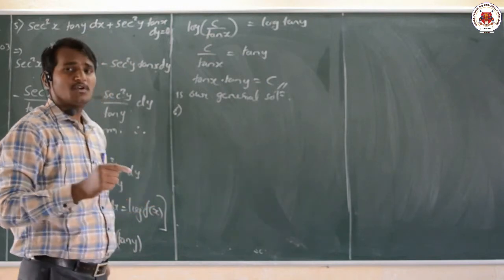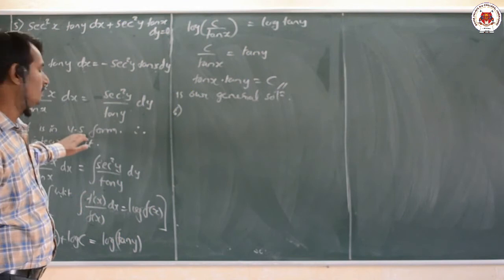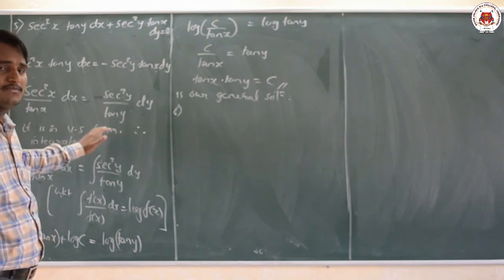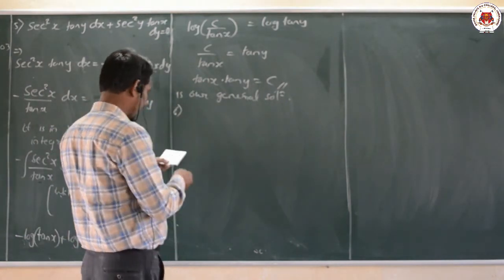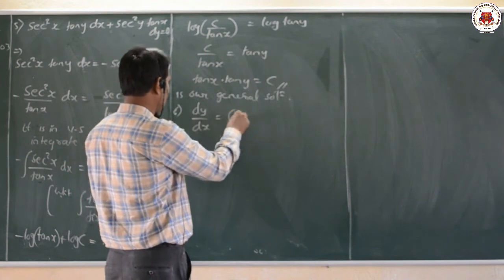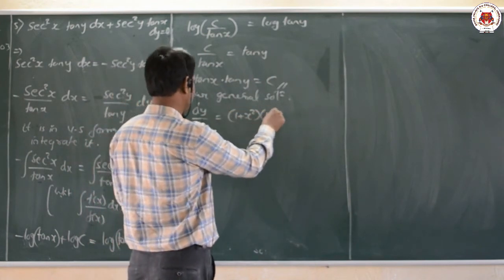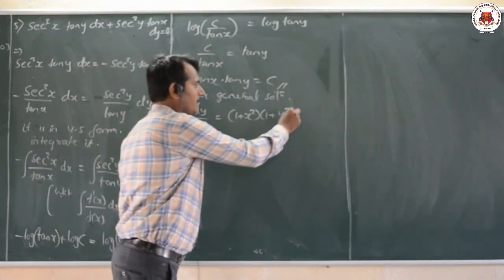Dear students, here the problems are very simple. The main thing is we have to know how to make it in the form of variable separable form. That's all. The next problem is dy by dx equal to (1 plus x square) into (1 plus y square).